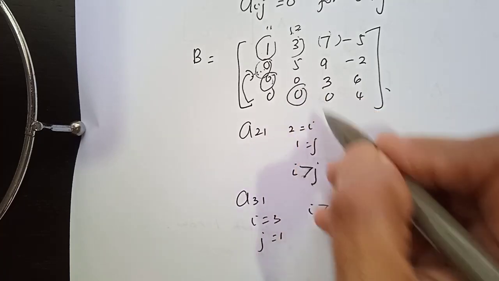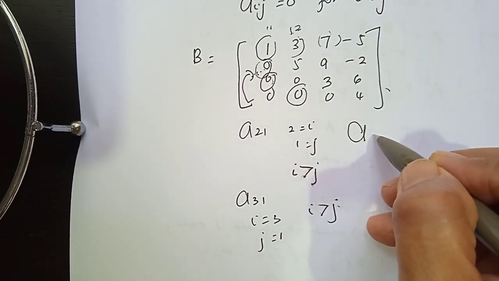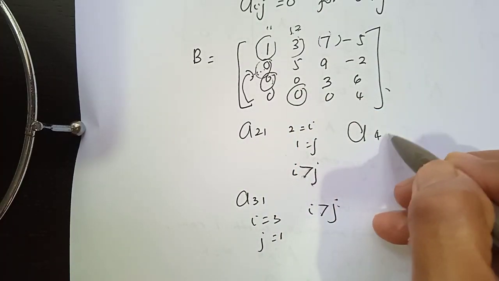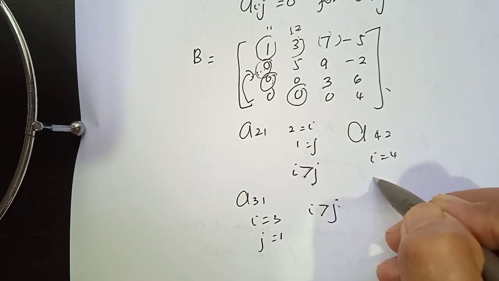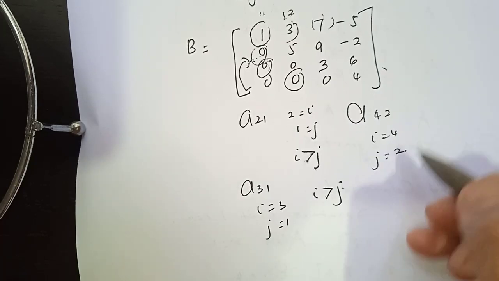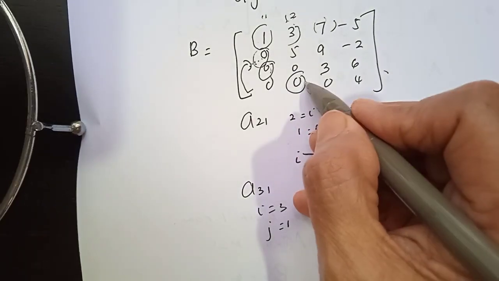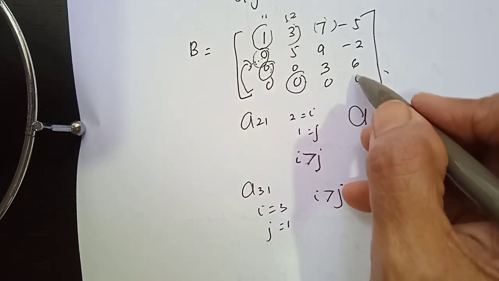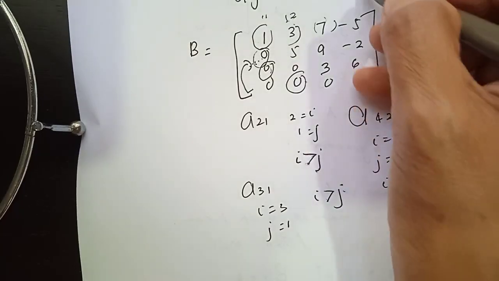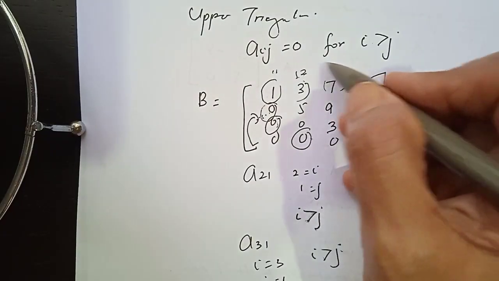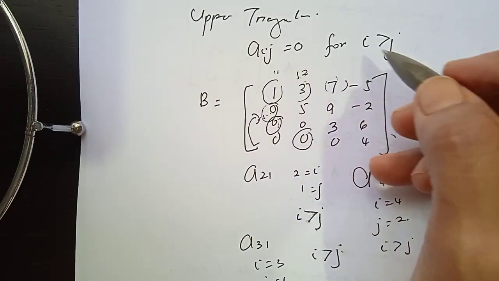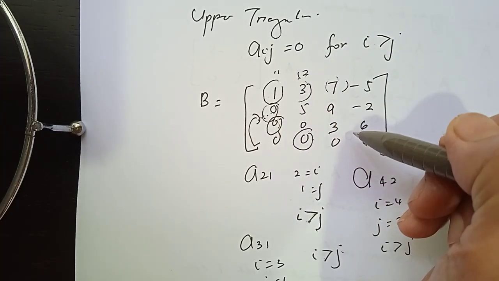Here is a42. i is 4, j is 2. So i is greater than j. So that's why it is 0. Okay, and elsewhere is also the same. We follow the same step. For i greater than j, it must be 0, and elsewhere it is not 0.